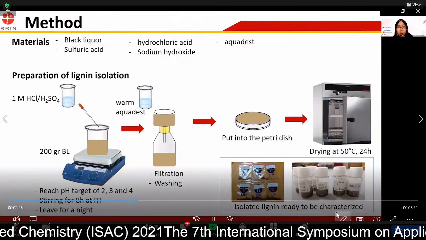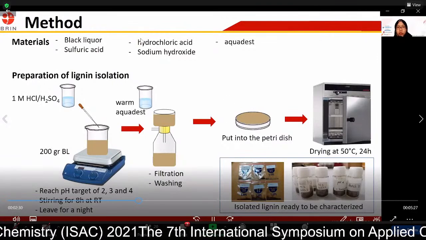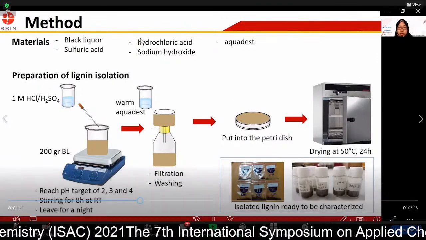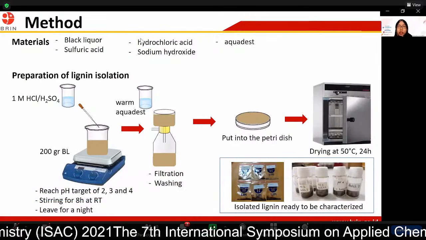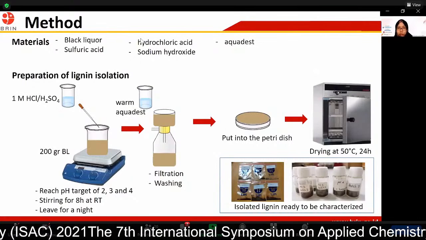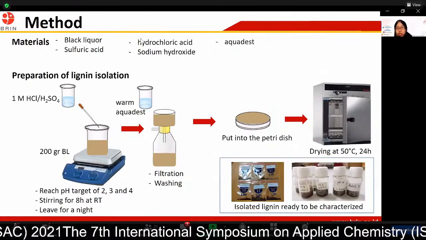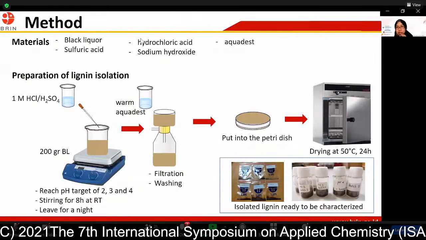We have target pH of 2, 3, and 4, then stirring for 8 hours and leaving overnight. The next day we do the filtration and washing with warm aqueous until the pH reaches around 5 to 6.